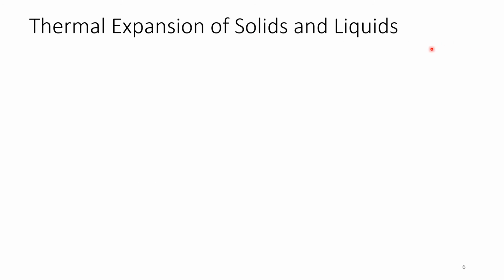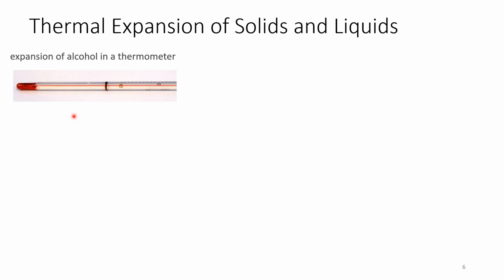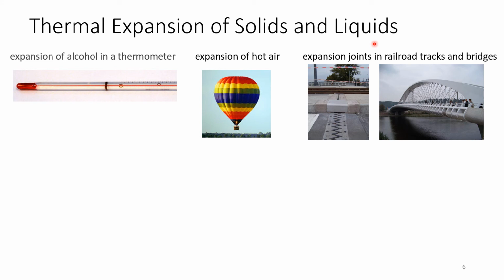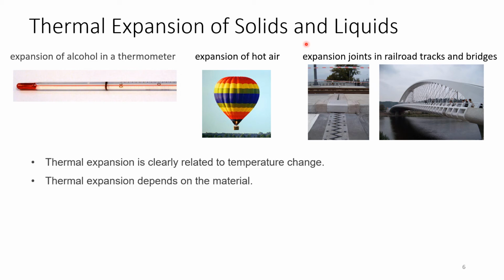There are many examples of thermal expansion. The expansion of alcohol in a thermometer, the expansion of hot air so that the hot air balloon rises, and the expansion of the railroad tracks and bridges. There are a few characteristics of thermal expansion.